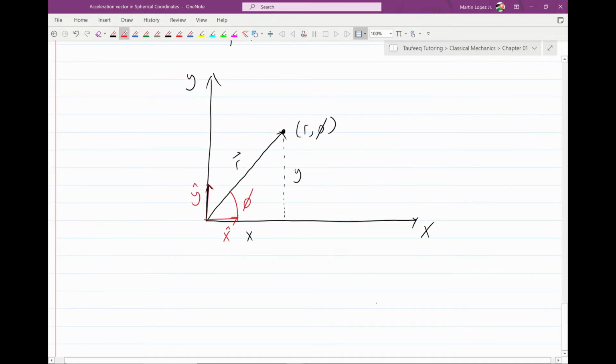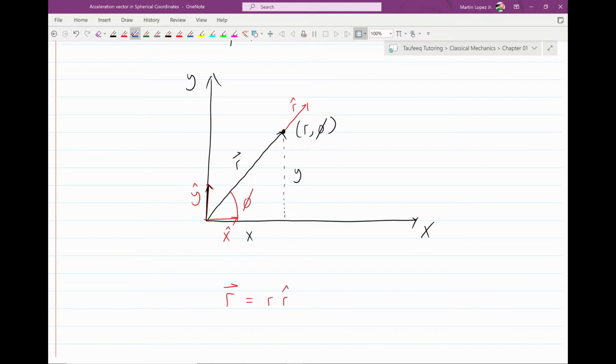The simplest way is the r vector is equal to r times r hat. What is r hat? r hat is pointed in the direction of the vector. So it's a unit vector in the direction of r, in the direction of the position. Okay? And in polar coordinates, we actually have another unit vector.